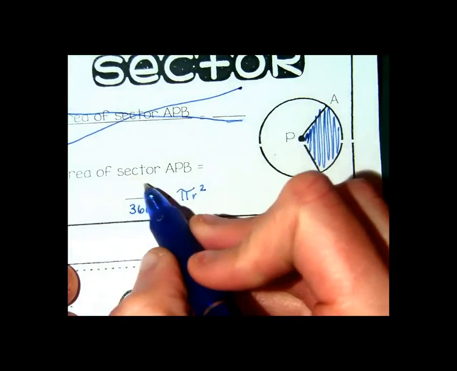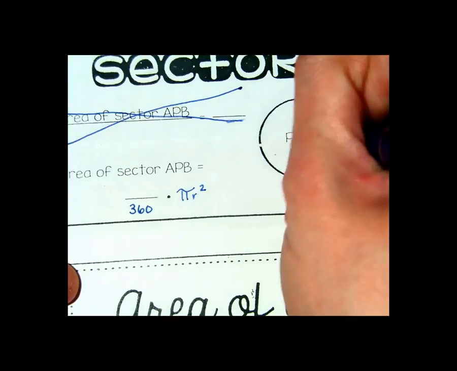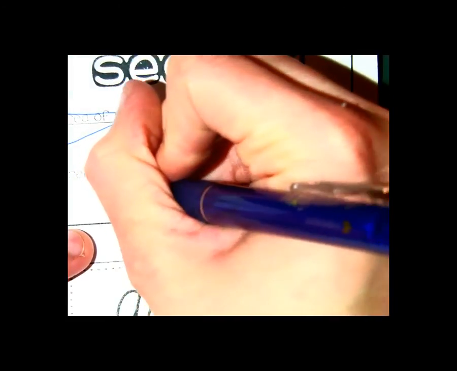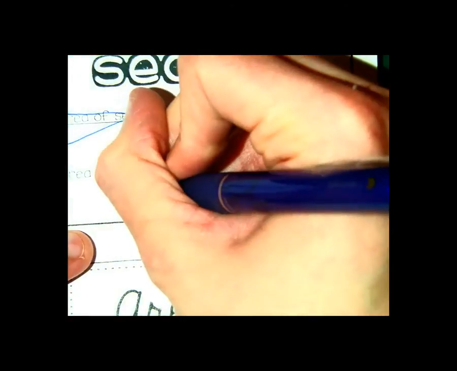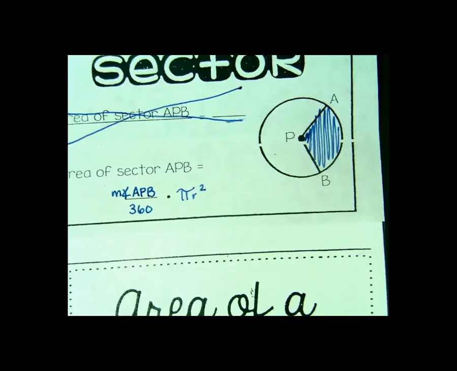What goes here? The angle of this degree. So the measure of angle APB. That is what is new. We find the portion of the circle and multiply it by pi r squared.